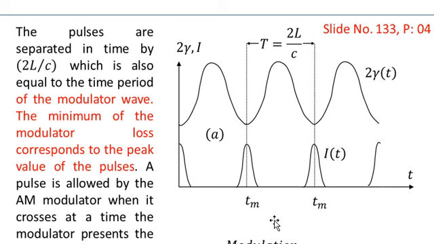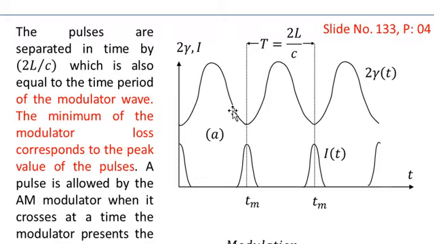And Tm is the time at which the loss of the modulator is minimum. So when the loss of the modulator is minimum, you can observe the peak of the photon pulse.